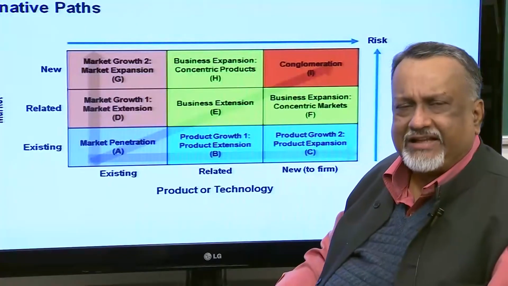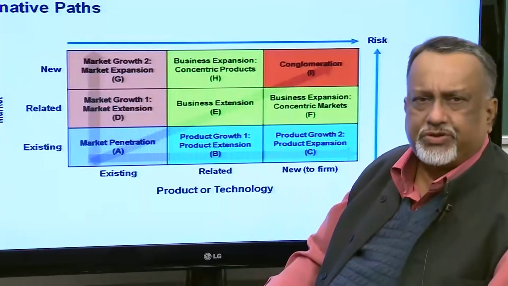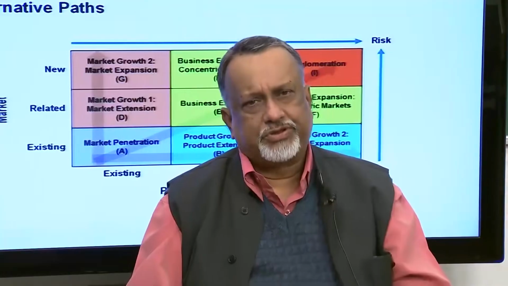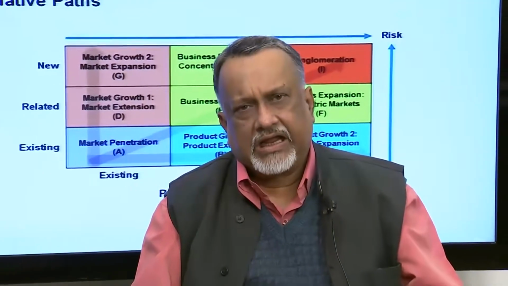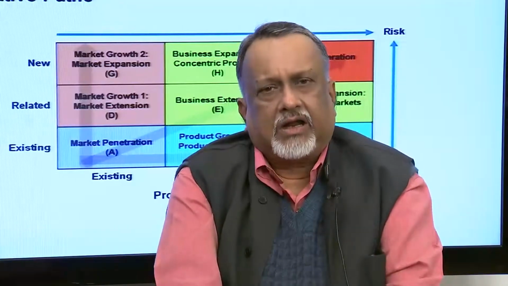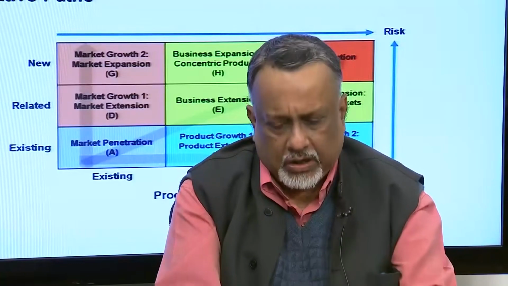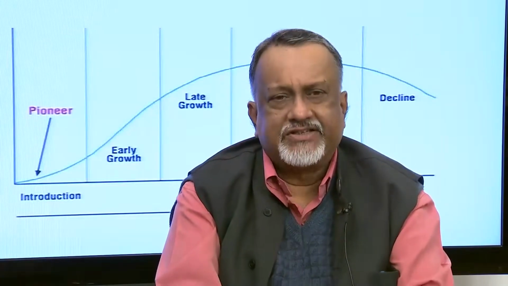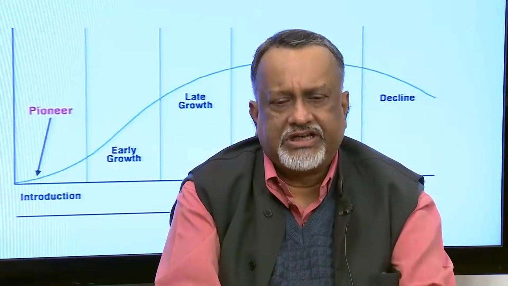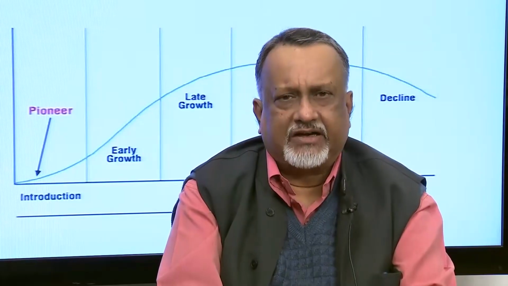So, we see here that there are incremental growth opportunities and radical new growth opportunities, and one will have to evaluate where to go based on where the company is or the product is or the technology is on what we call the life cycle graph.